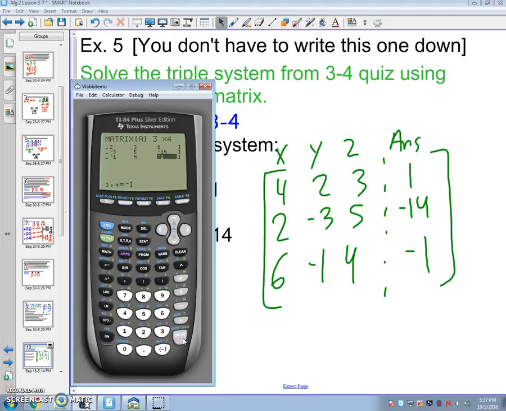All right, second quit, second matrix, right up to RREF, second matrix A, click enter, click math, enter, enter.